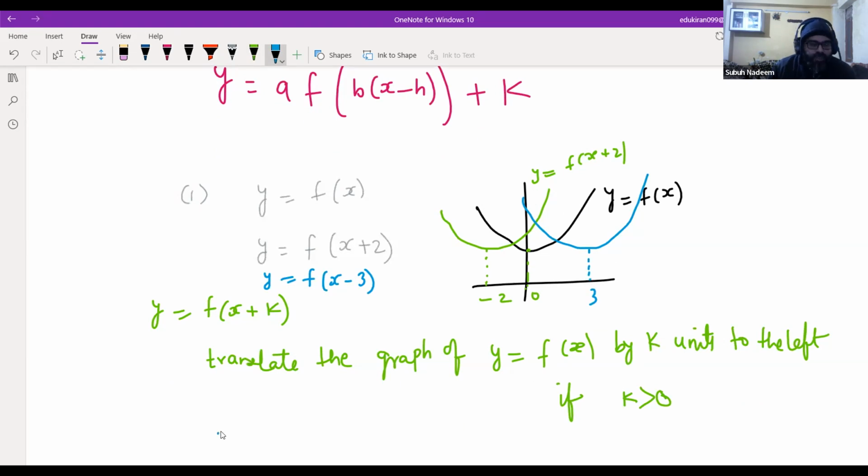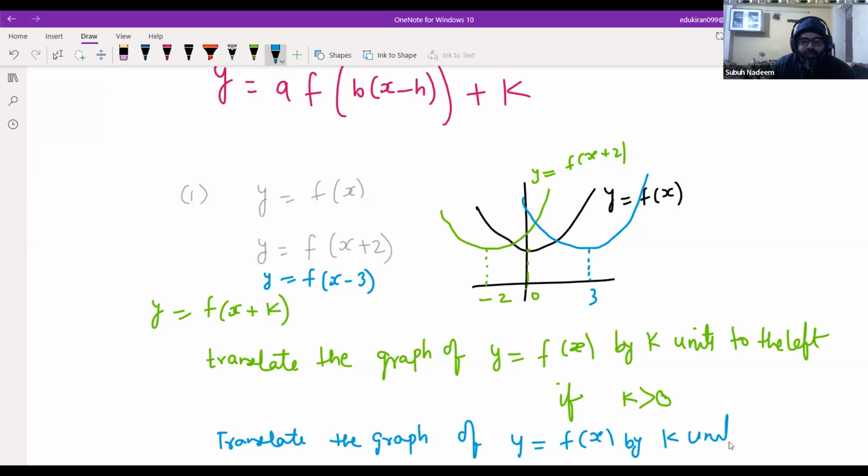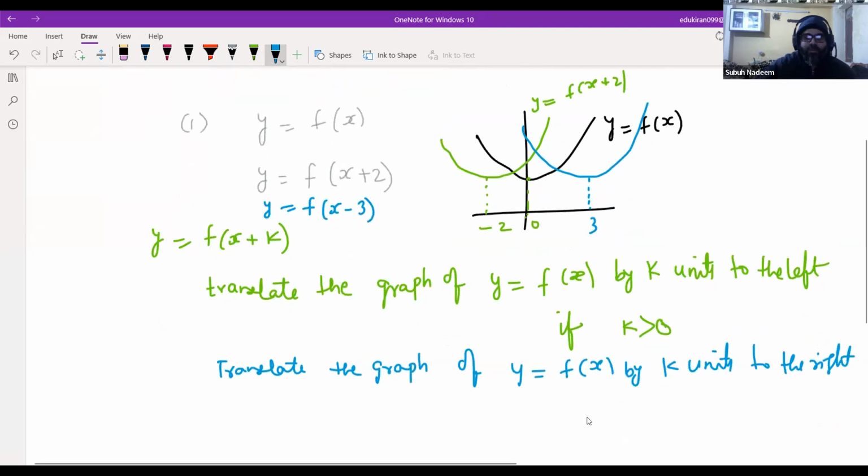So translate the graph of y equals f of x by k units to the right if k is less than 0.